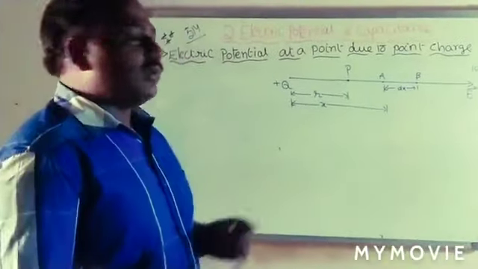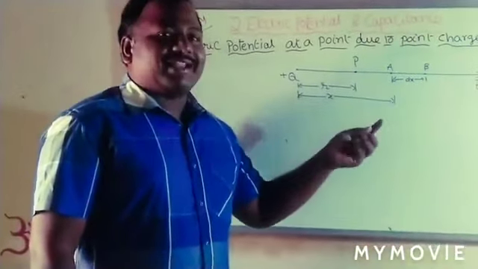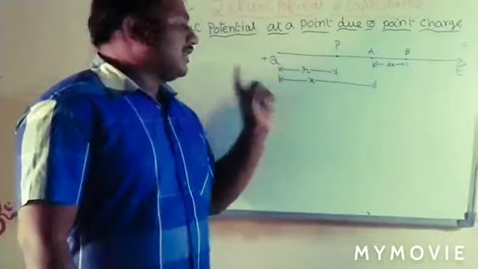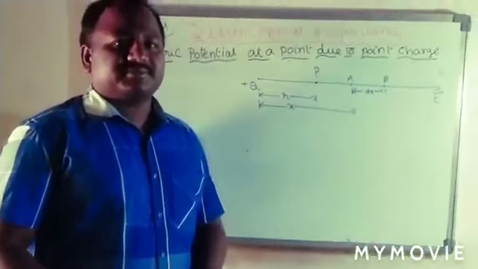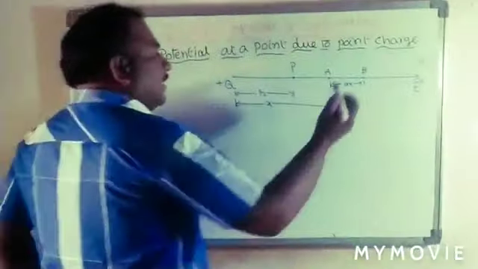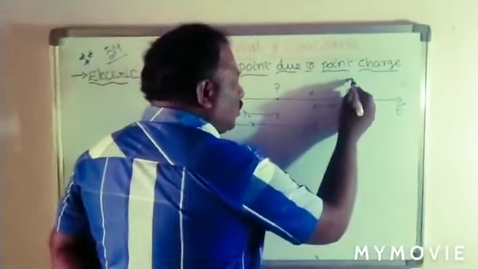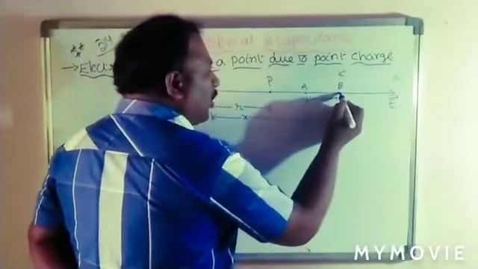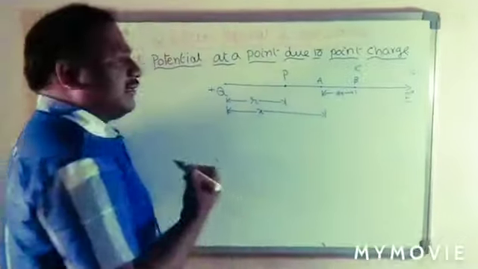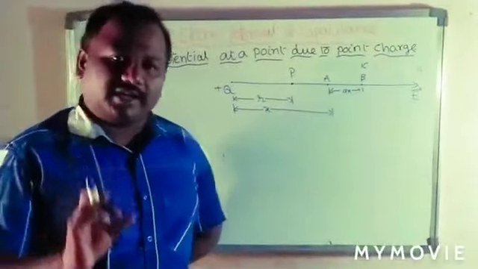Now see how to derive the electric potential at point P due to this point charge. Here I consider a 1 coulomb charge moving from point B to point A. That gives a small work done dW.